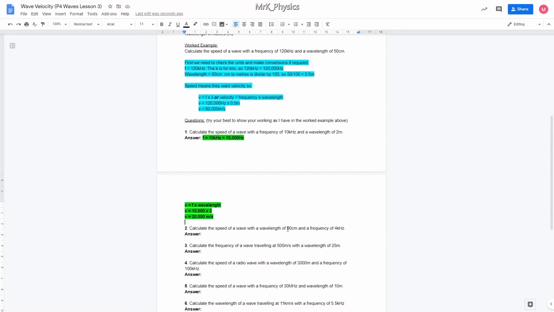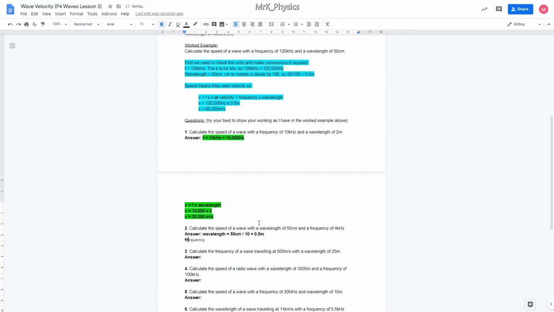Well, we've got wavelength in centimeters. So first of all, we need to do 50 centimeters divided by 100, which is our wavelength. So we should really try and keep track of that. Wavelength is 50 centimeters divided by 100 to give us 0.5 meters.